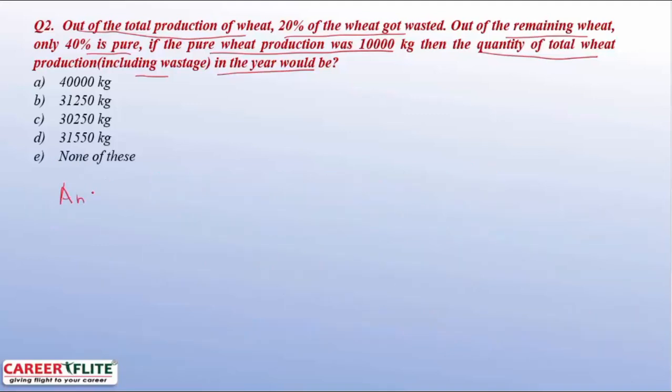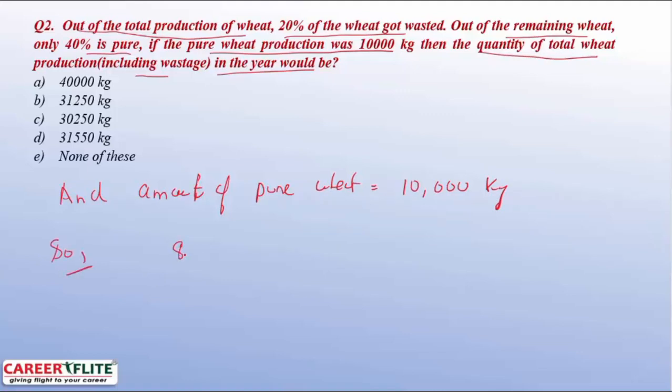And it is also given that the amount of pure wheat is 10,000 kg. So 8 by 25 x equals 10,000 kg.